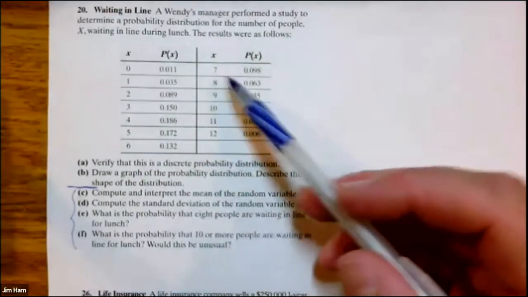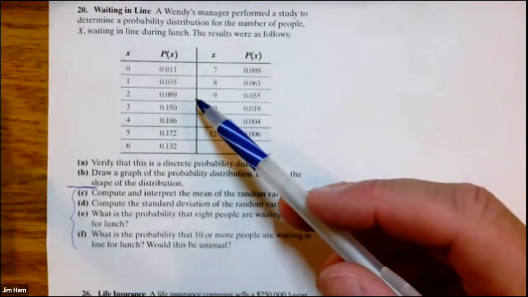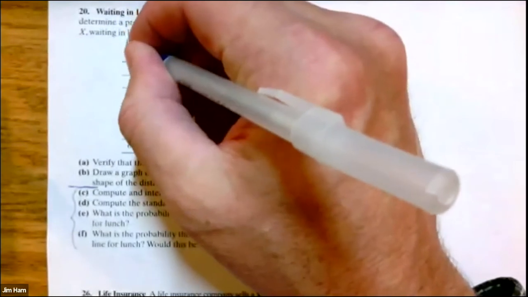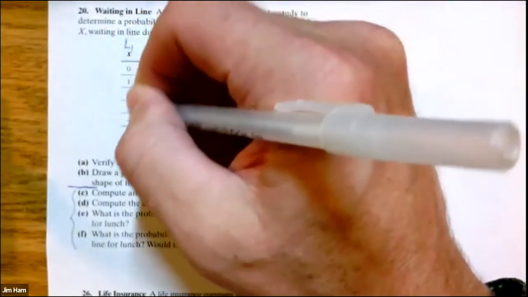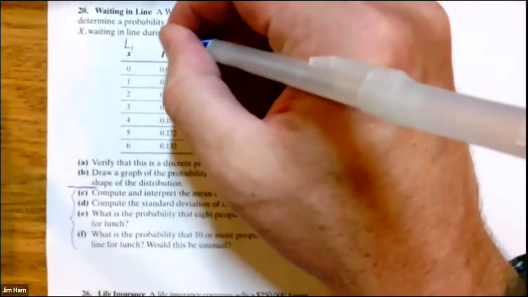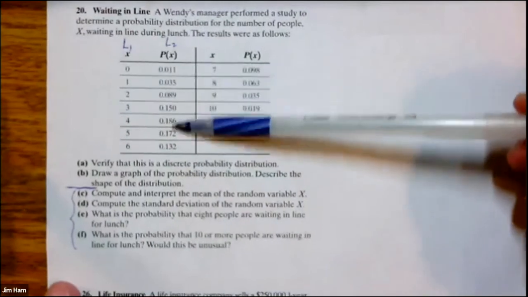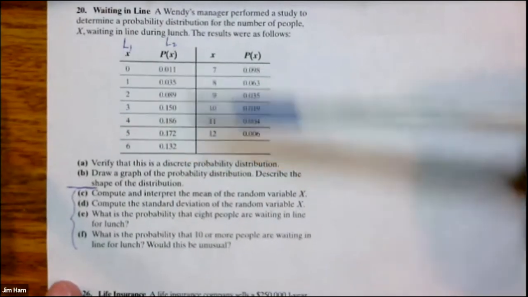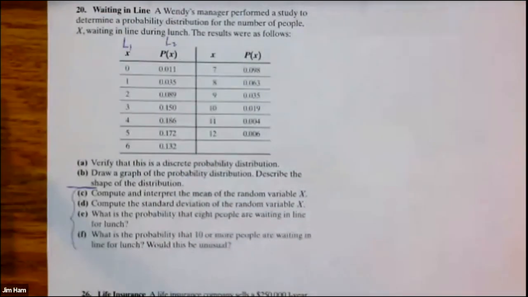Now, they did write this table in 4 columns, but that was only to save space. You're going to put all of the X values going from 0 to 12 in L1. And then you're going to match those 13 values with their corresponding probabilities in L2. So it's a continuation. You're not going to use 4 lists here.